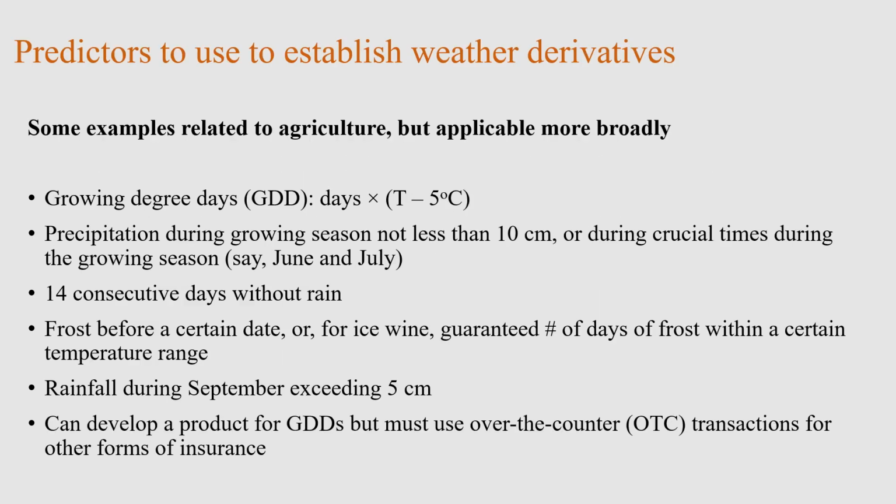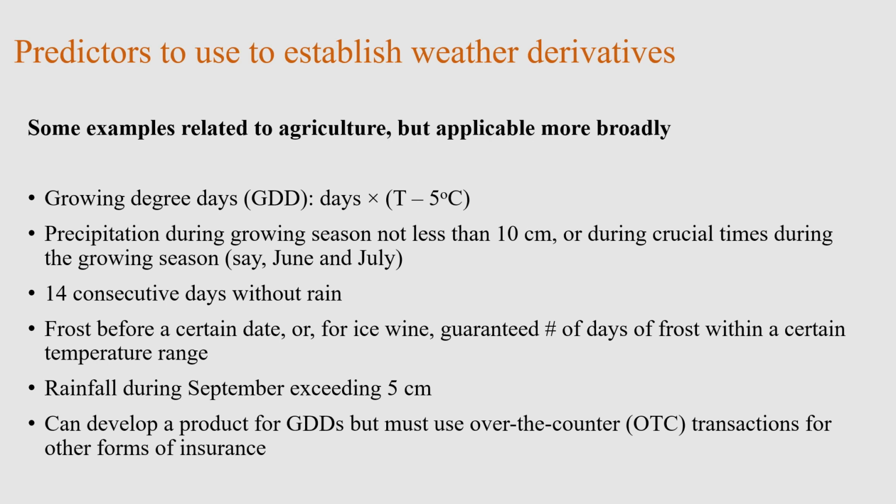Now, what predictors are used to establish weather derivatives? Some examples are related to agriculture, but they can be applied more broadly. We've already talked about heating degree days and cooling degree days, but there's also growing degree days, GDD. These are the days times temperature greater than 5 degrees Celsius.